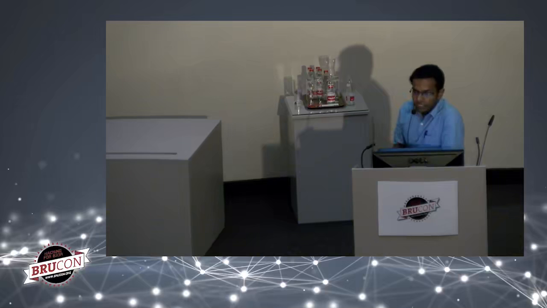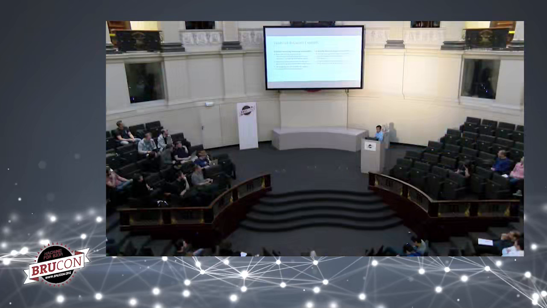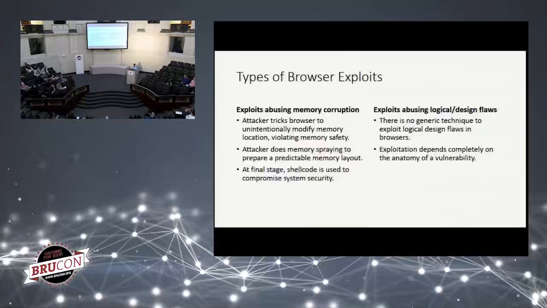At the final stage, the shellcode gets executed, and the attacker hijacks the control flow of the normal program and points it to the shellcode. Second, there could also be logical flaws, and there is no generic technique to exploit logical flaws. It completely depends on the anatomy of the vulnerability that the attacker is exploiting. In this particular talk, we will be covering the memory corruption exploit techniques.